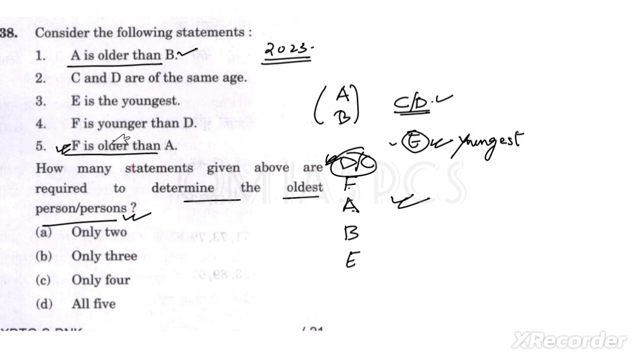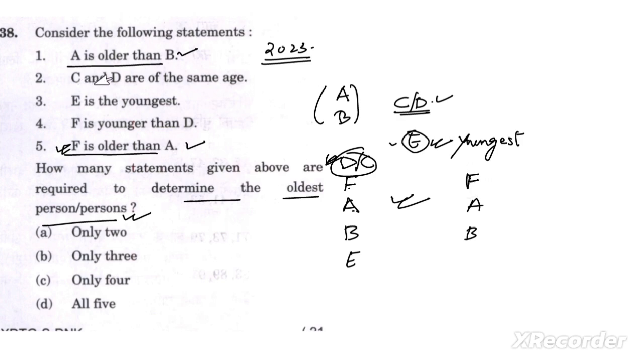That means statements 1 and 5 are important. A is older than B, and F is older than A, that one is important.